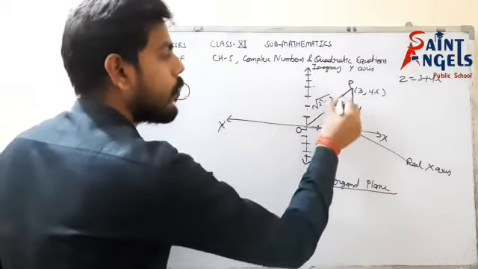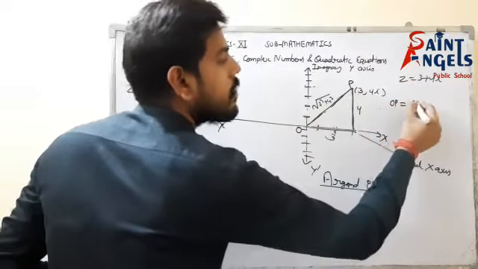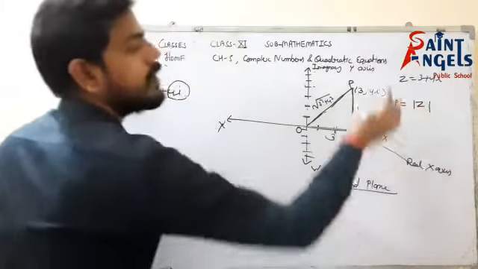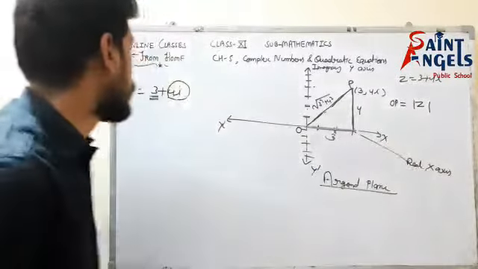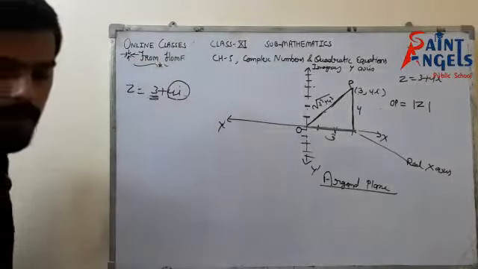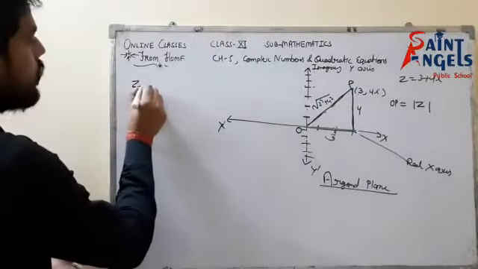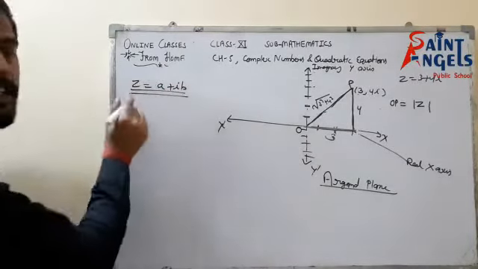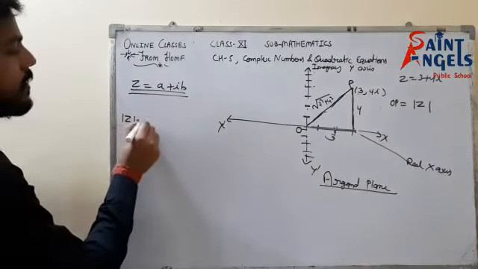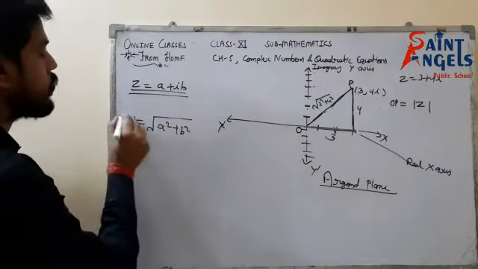This line OP is known as the magnitude of number z. So if we are given a complex number z equals a plus ib, then its magnitude, the modulus of z, equals under root a square plus b square.